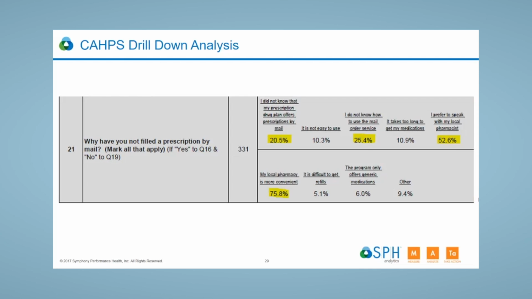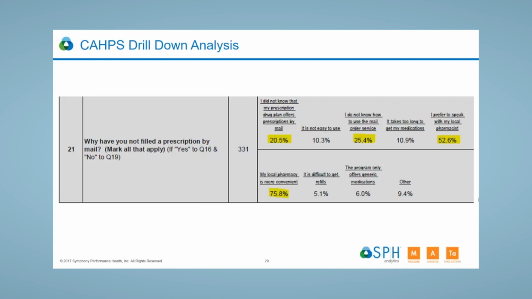First of all, they didn't know that we offered a mail order benefit. So obviously something we need to do a better job of educating our seniors that mail order is available and what the benefits of using mail order are. And then the second one was they knew they had a mail order, but they didn't know how to use it. So again, our fault for not being more clear on how to use the mail order benefit.